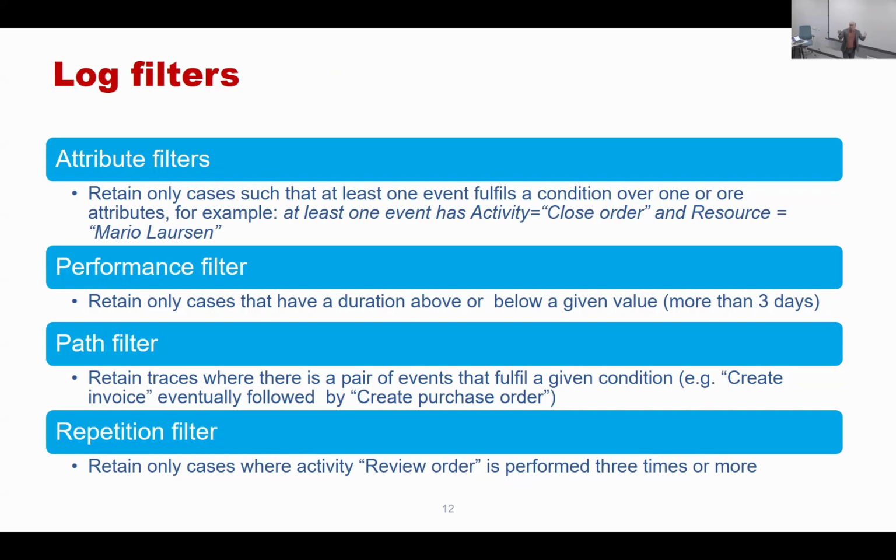Or cases where a blood treatment happened, or cases where the patient was diagnosed with COVID. And you can extract only those cases and get rid of those where the patient was not diagnosed with COVID. Then you can discover a process model out of the filtered log only with the patients that suffer from COVID.